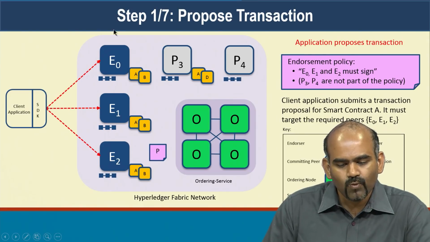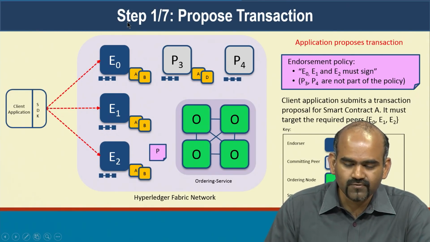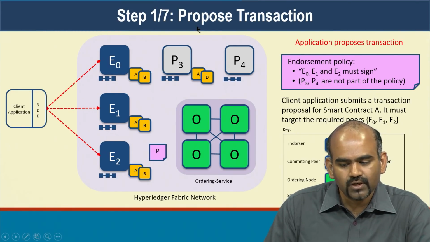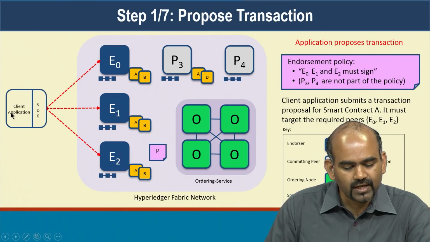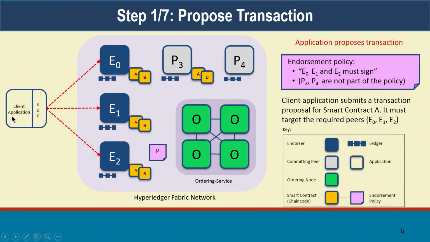Step one of the whole transaction flow is what we call proposing a transaction. A client application or a user is going to propose a particular transaction. It'll say, I am this user, I have this identity on the network, I want to invoke this particular function of a smart contract, and here is my transaction, here are the inputs to that transaction.